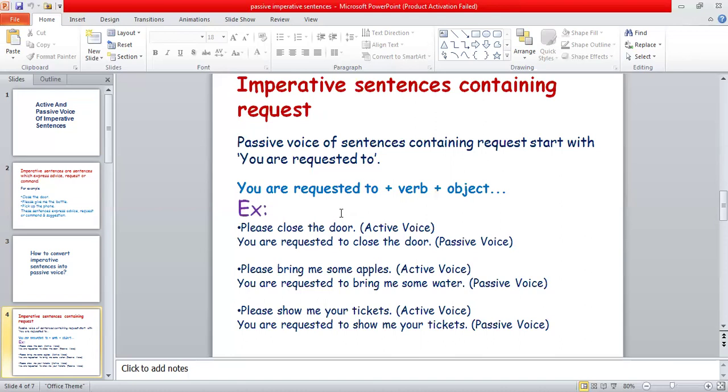This is going to be the structure formula if you are to change it from active into passive voice. As you can see in the example, please close the door. So the passive voice will be you are requested to close the door. In this way, you can change an imperative sentence which contains request from active into passive.